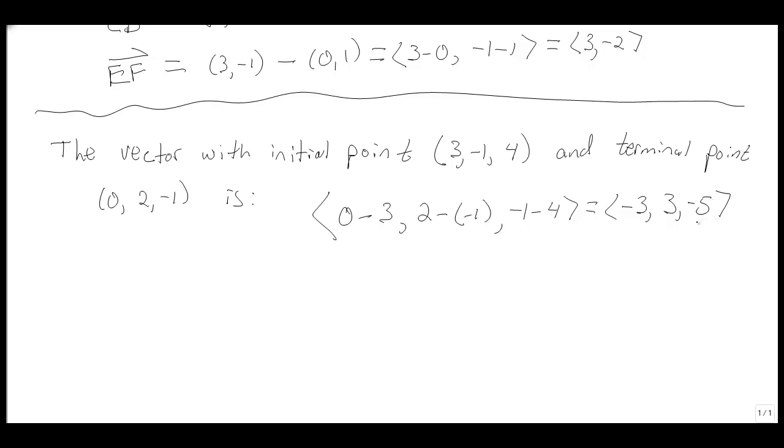So we can write down a vector like this. There are other ways to write this, and so we'll get some other notations. I'm just going to write that vector -3, 3, -5 a few other ways.